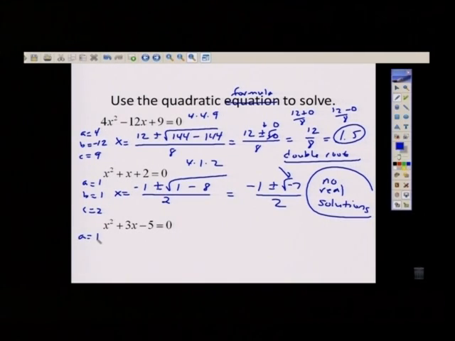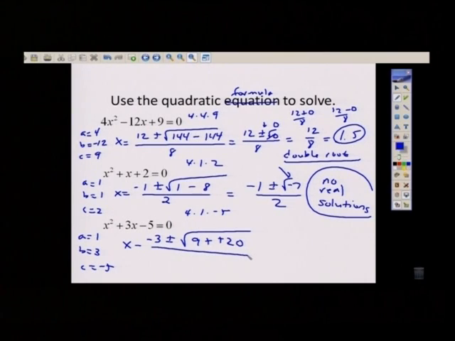And the last one, A is 1, B is 3, C is negative 5. So x equals negative 3 plus or minus the square root of 9 minus 4 times 1 times negative 5, which is negative 20. So that's a plus plus, all over 2 times A. So I end up with negative 3 plus or minus the square root of 29 all over 2.